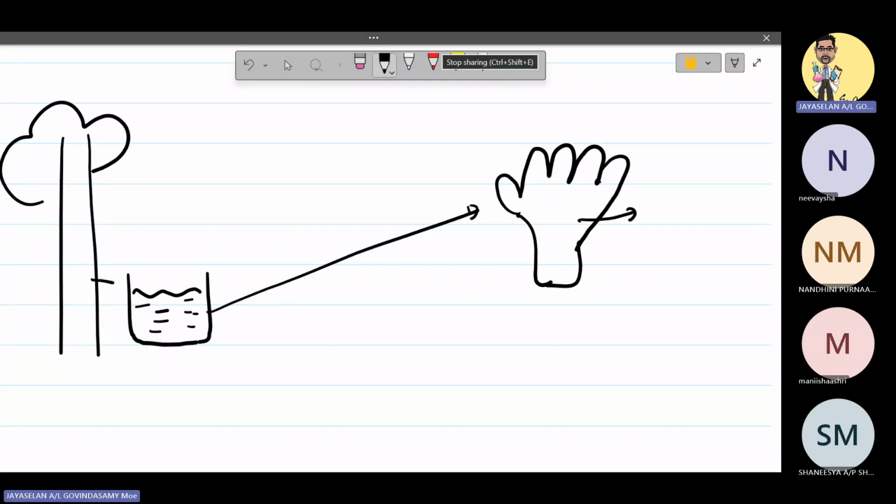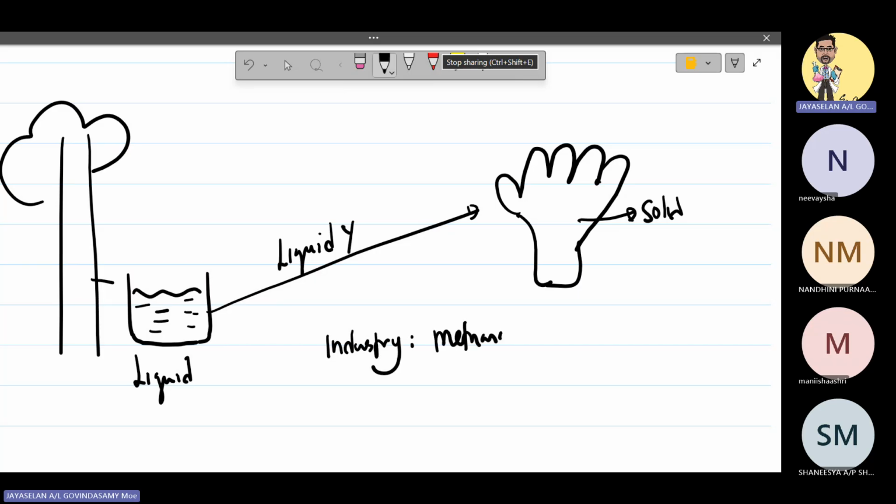Or they show you rubber band, eraser, whatever rubber product material. In industry, they will add methanoic acid.